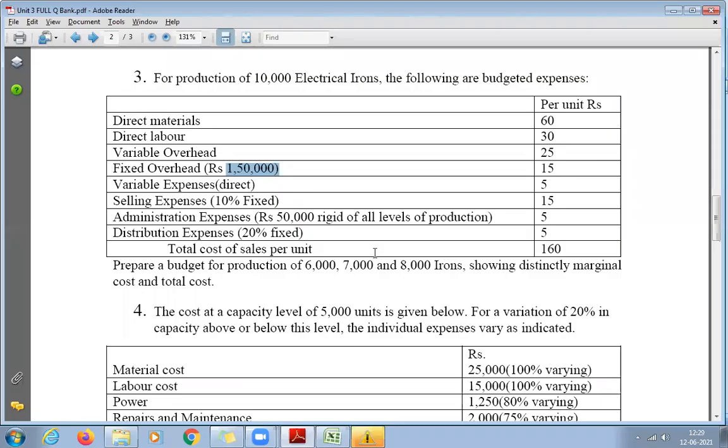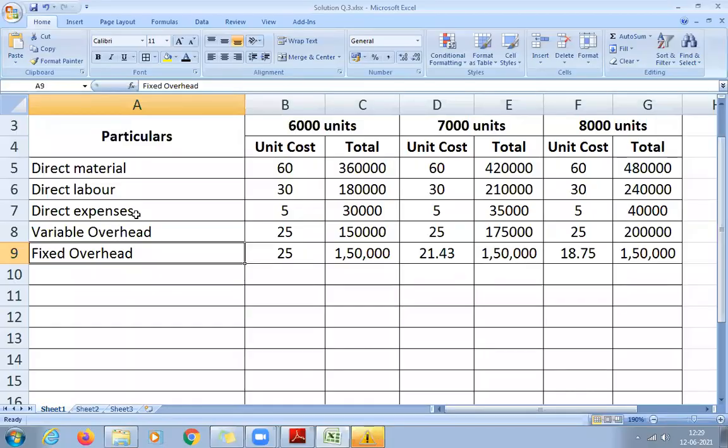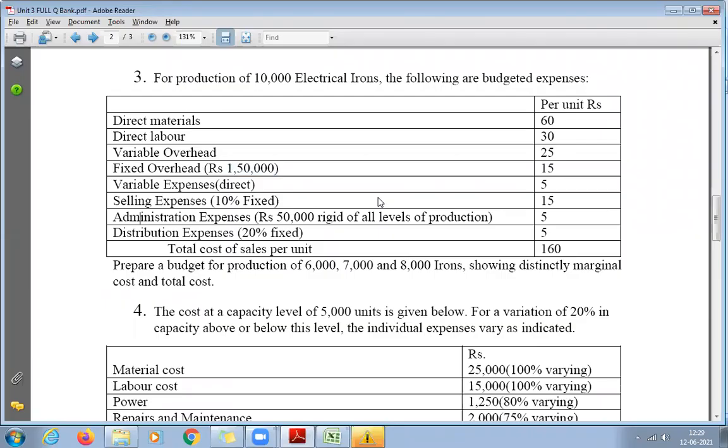So next is, which one will you write next? Will you write admin first or selling and distribution? Admin expense. It's almost like our cost sheet. Okay, so same thing you can follow. First, you will write administration expenses. Again, administration expense, is it variable or fixed cost?